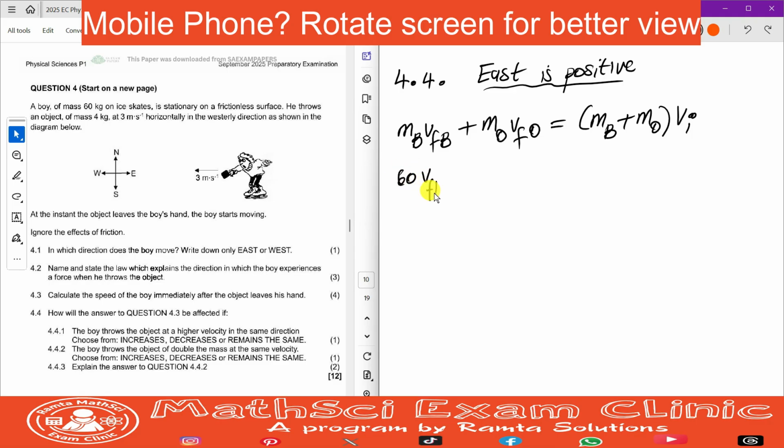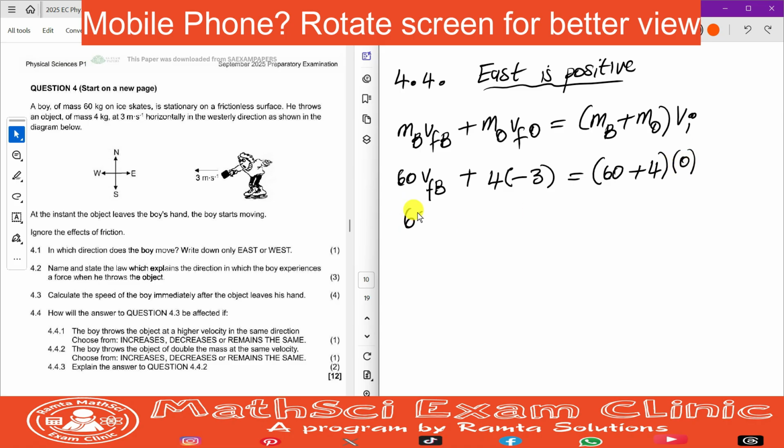The final velocity of the boy we do not know. The mass of the object was 4 kilograms. And the final velocity of the object, they said it moved 3 meters per second in the west. Because we chose east to be positive, the west must be negative. The initial velocity of the two was 0.